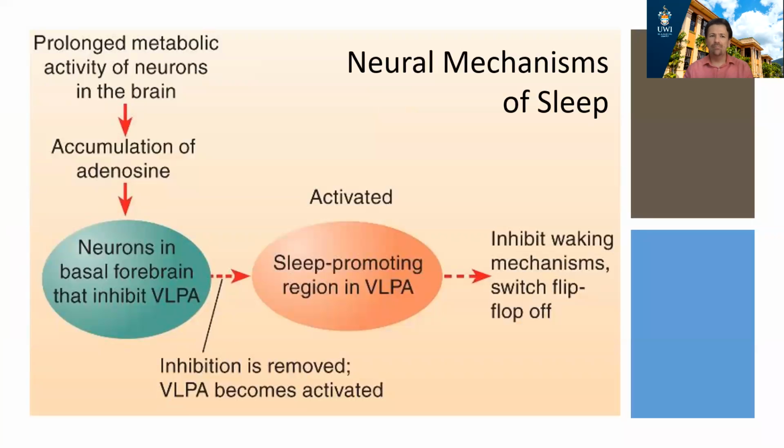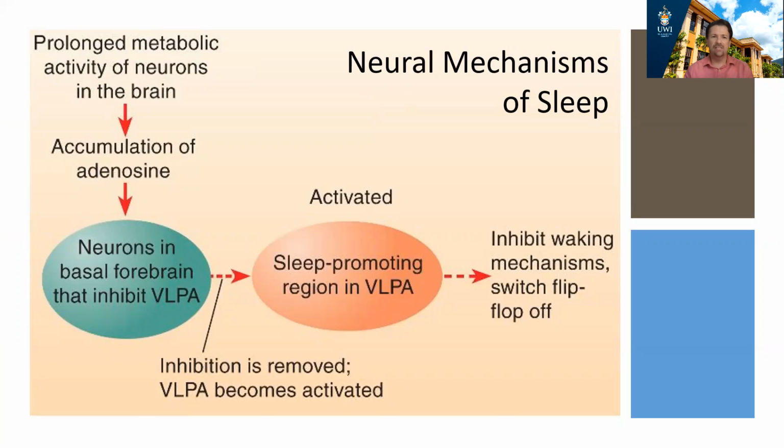So what then might cause the VLPA to turn on? Well, it seems that some of the neurons in the basal forebrain inhibit the VLPA. But adenosine has now been shown to actually inhibit those neurons that inhibit the VLPA.